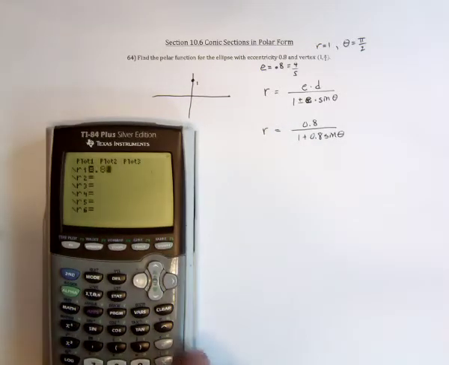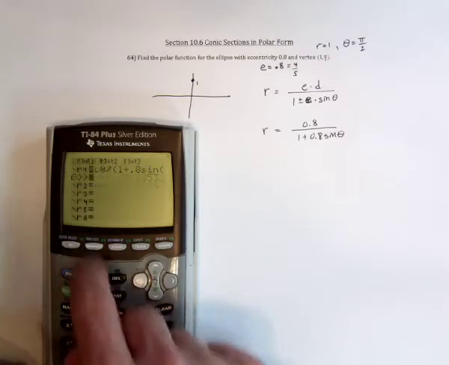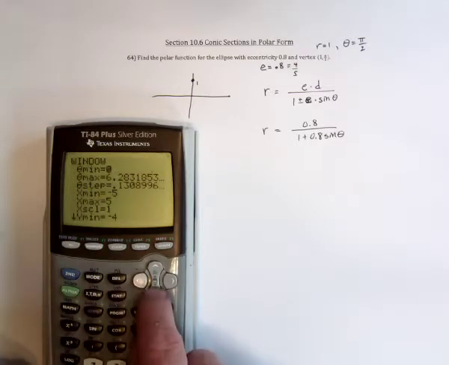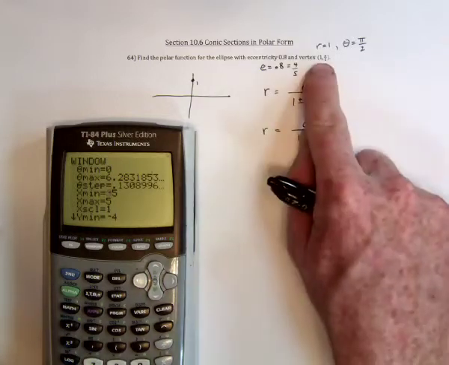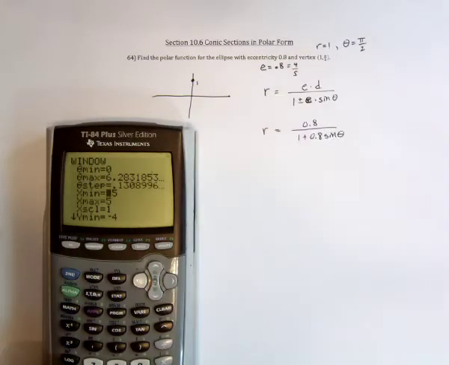So 0.8 divided by 1 plus 0.8 sine of theta, lots of parentheses. For the window, first of all, theta is 0 to 2 pi, and then from -5, well, that goes to a height of 1. Yeah, maybe -5 to 5, -5 to 5.